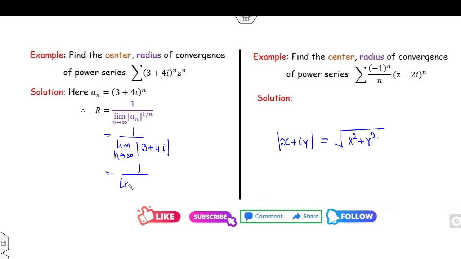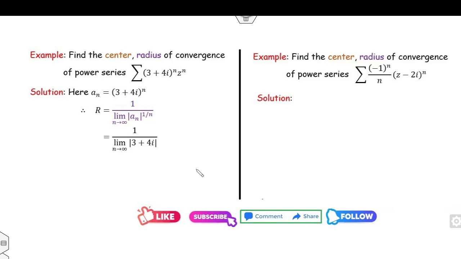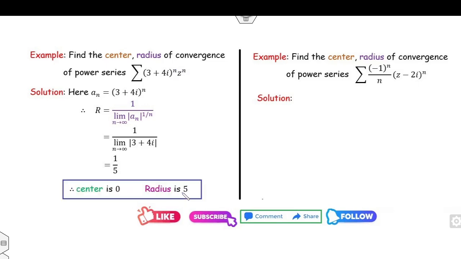So the answer of this problem is the limit as n approaches infinity, that is root of 9 plus 16, that is 5. So the answer is 1 over 5. Therefore, again you can see |z| raised to the power n is less than r, and thus this 0 is my center, 1 over 5 is my radius of convergence.